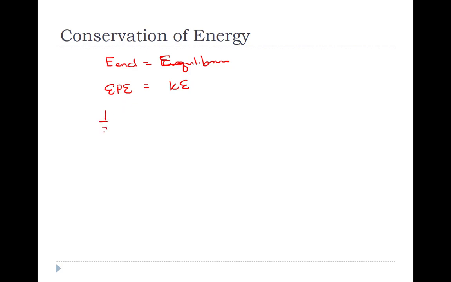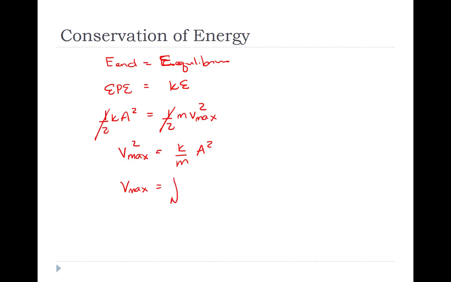At the endpoint, the elastic potential energy was 1/2 Ka squared, and at equilibrium, it was 1/2 m v max squared. I can cancel out the 1/2s, and I get v max squared equals K over m a squared, or in other words, the maximum velocity is the square root of K over m times a.